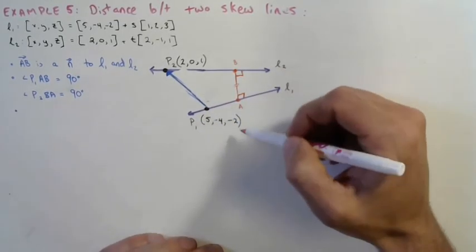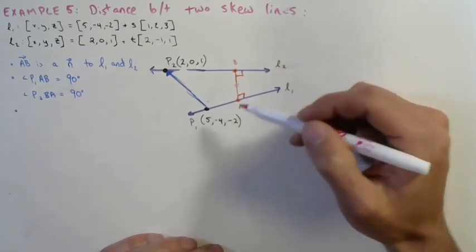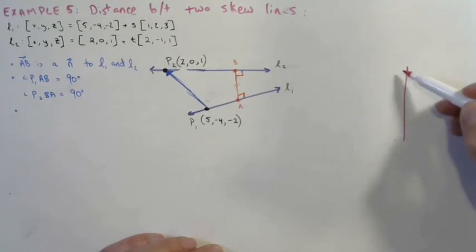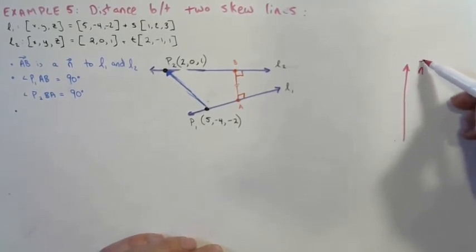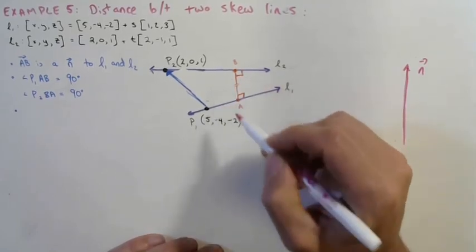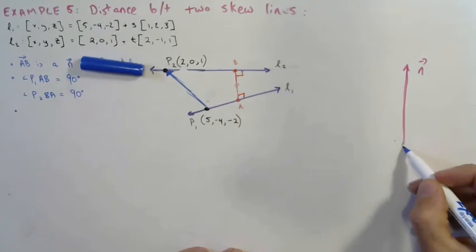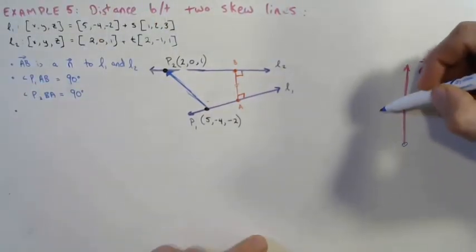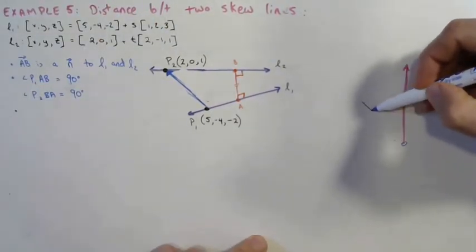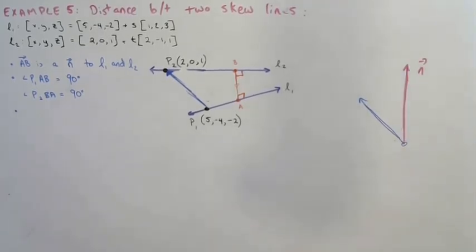Any normal is going to have the same direction as AB. I'm going to draw that right here. We're just going to call that n. It's heading in the same direction as the vector AB. Now we have our point P1, and I'm going to draw the vector P1P2, kind of make it look similar so that our brains can make a connection here.